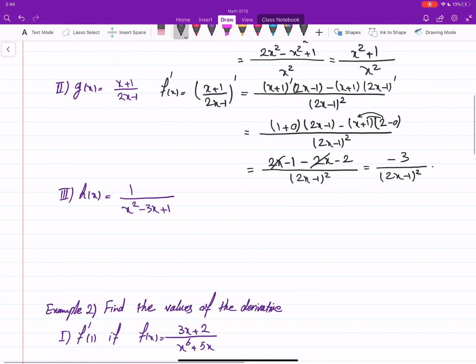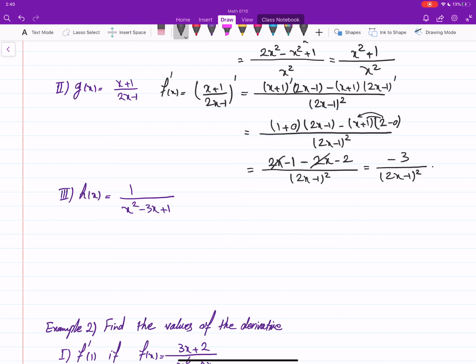And the last piece here. Okay, so we are trying to find h prime of x. This is 1 over x squared minus 3x plus 1. Well, this is a quotient of two functions. The numerator is 1. The denominator is x squared minus 3x plus 1.